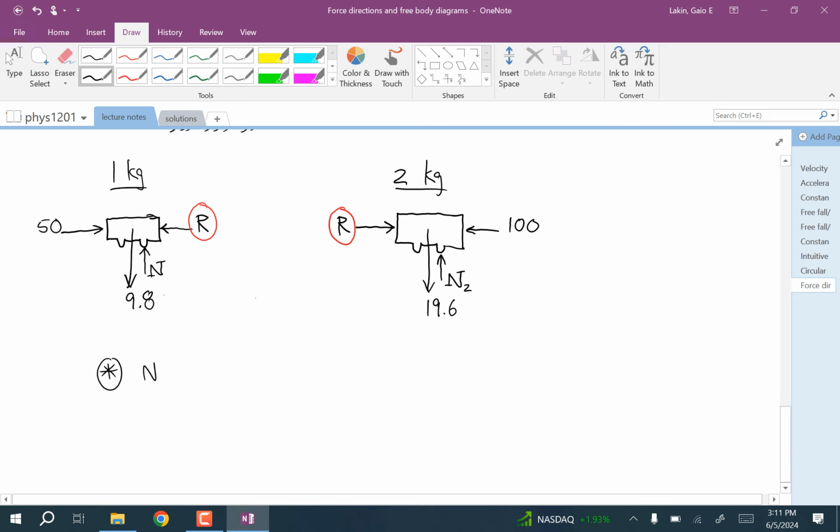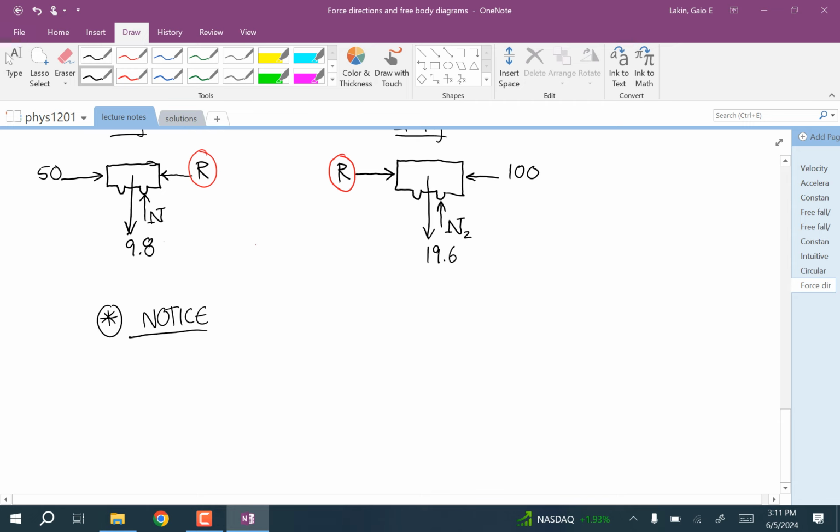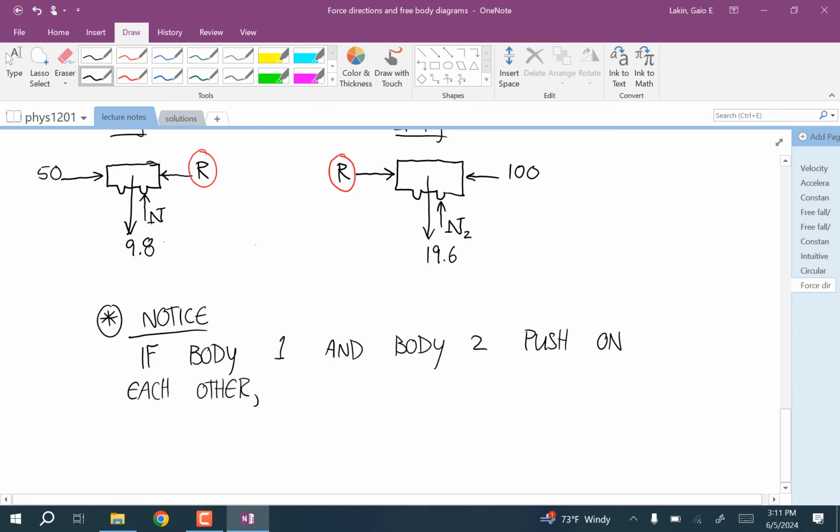So notice if body 1 and body 2 push on each other, the pushing force on body 1 has the same magnitude.